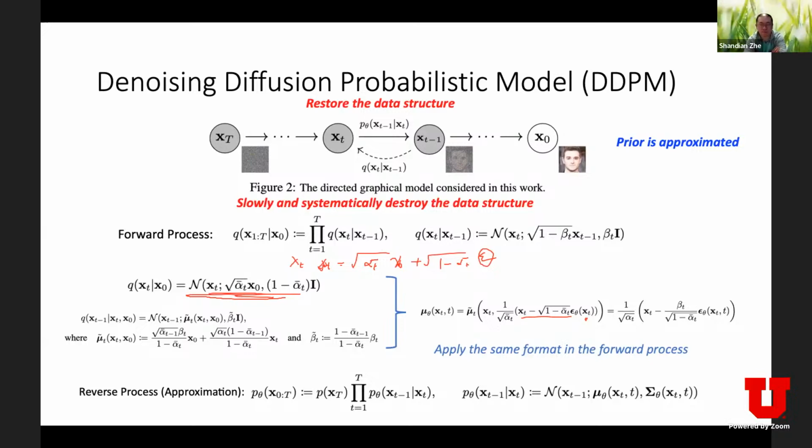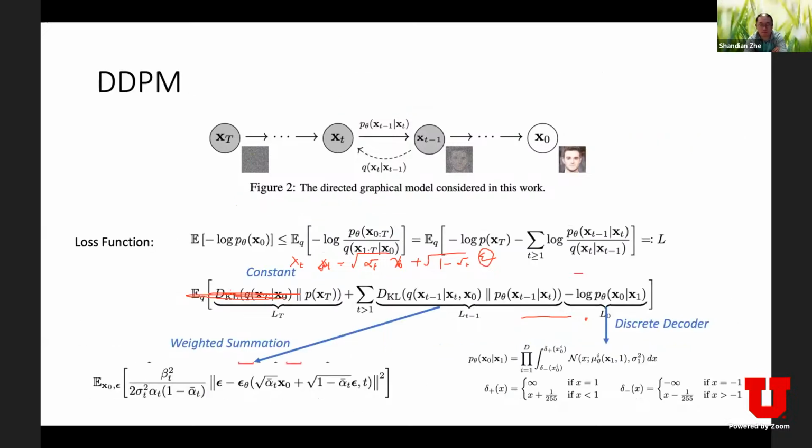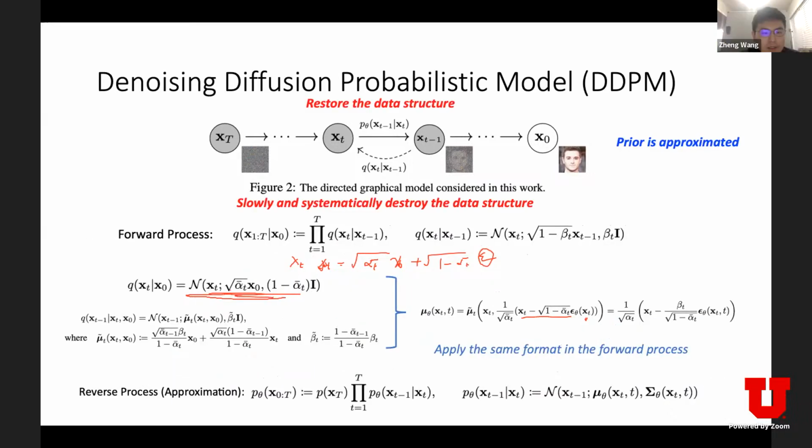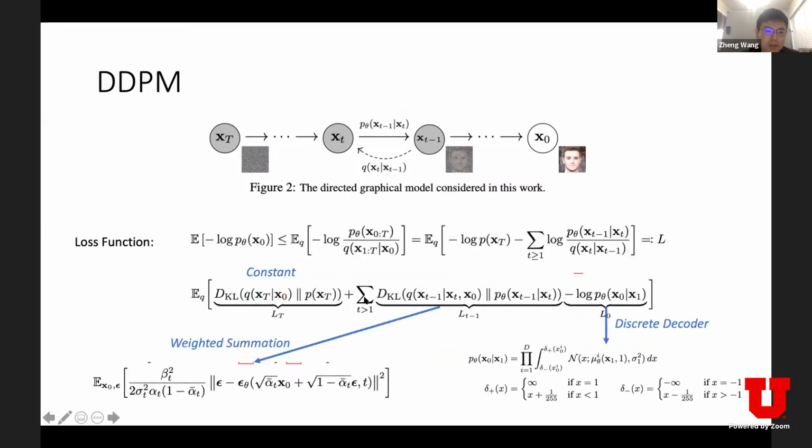Okay. And here is the loss function, which is calculated as a cross entropy between the approximate distribution and the forward distribution.